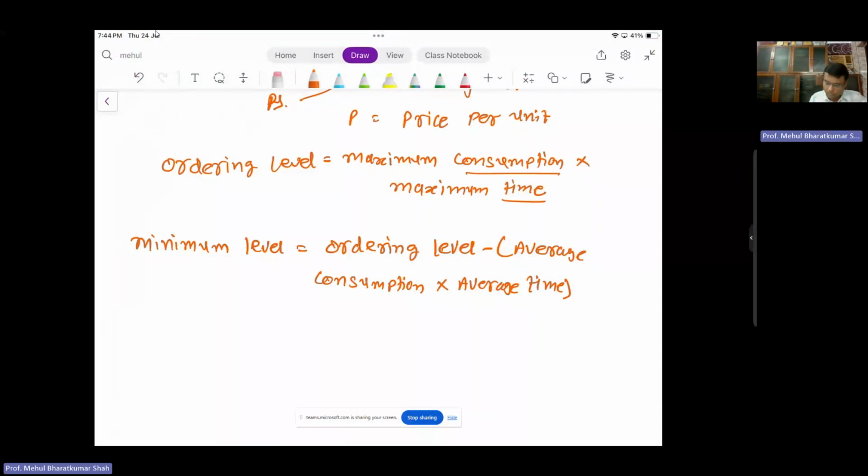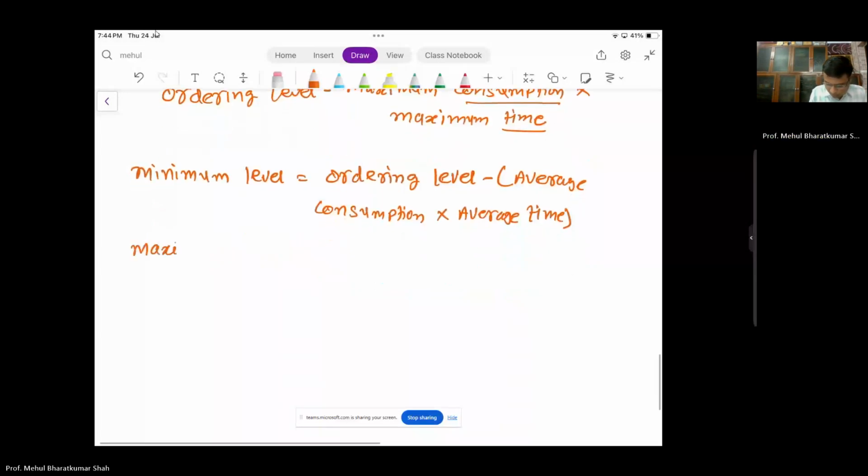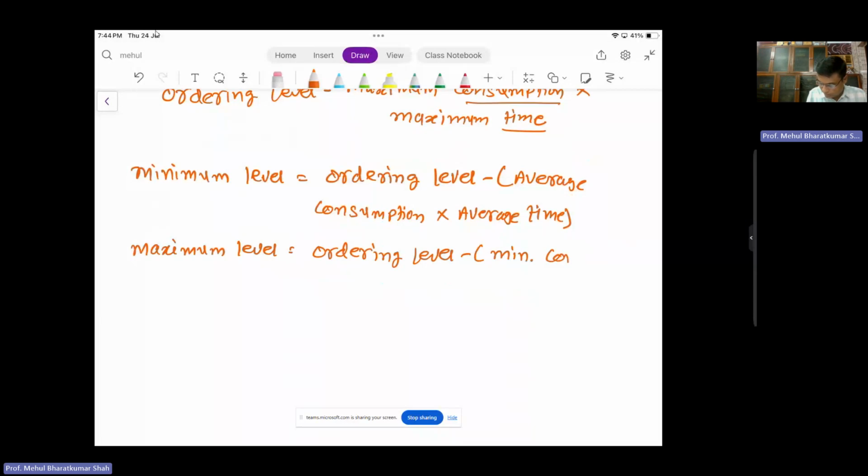Next is maximum level. Maximum level is equal to ordering level minus, in bracket, minimum consumption into minimum time, plus economic ordering quantity.